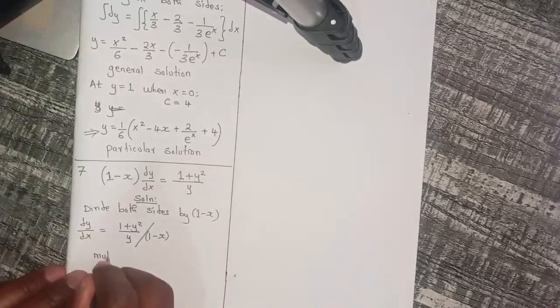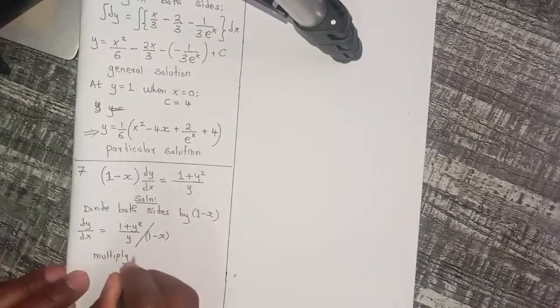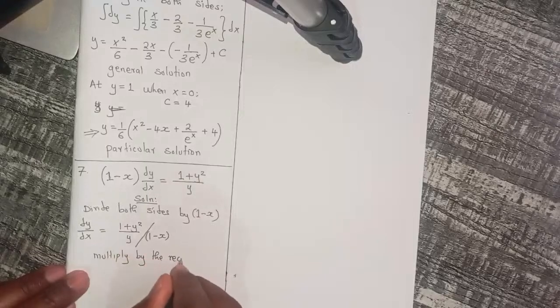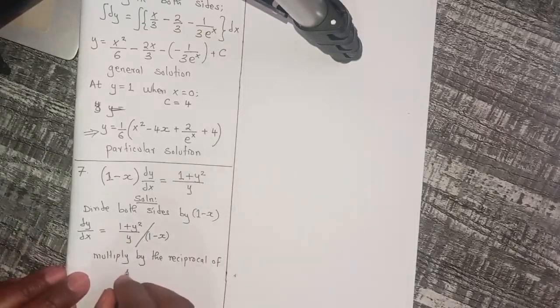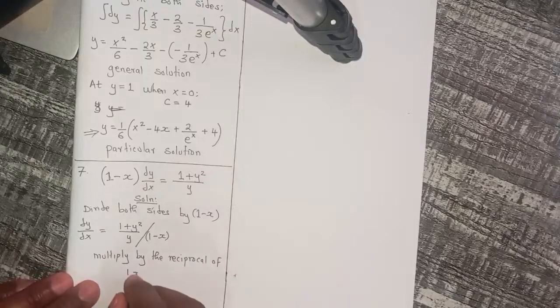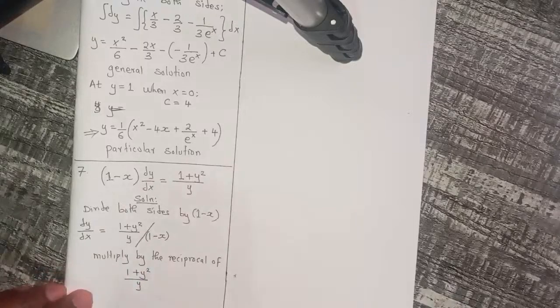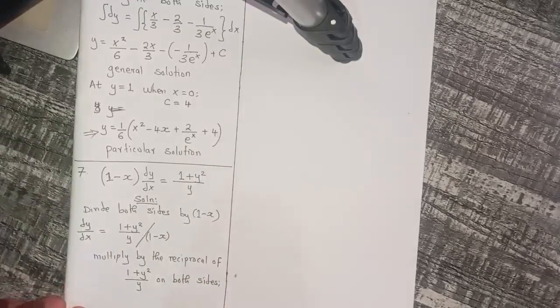Then you multiply by the reciprocal of 1 plus y square divided by y, on both sides.